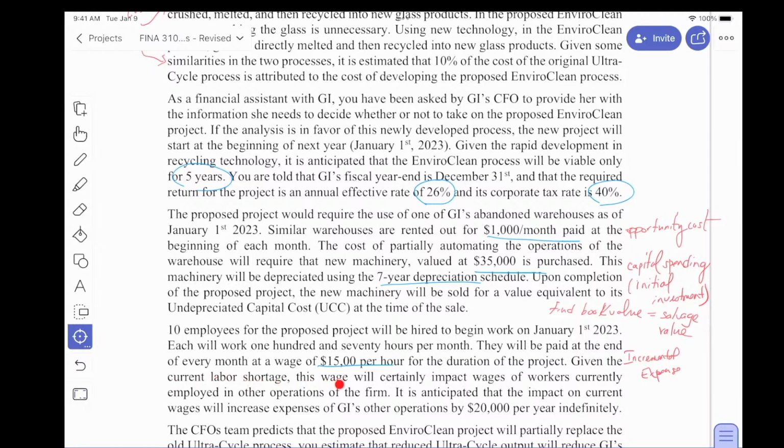Given the current labor shortage, this wage will certainly impact wages of workers currently employed in other operations of the firm. It's anticipated that the impact on current wages will increase expenses of GI's operations indefinitely. So you're going to have to use an annuity or perpetuity for this one. It's also an incremental expense.